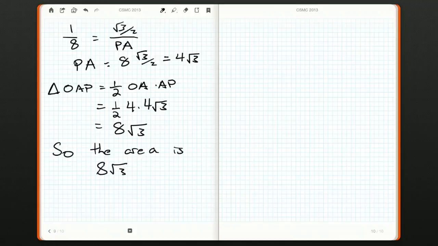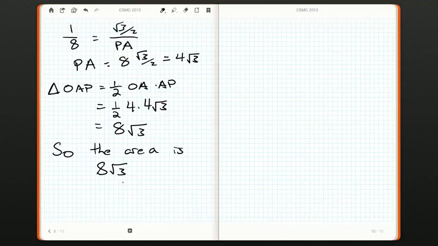So we get 8 root 3. And if we had done this just with the calculator, if we had left things as decimal expansions, we would get something like 13.856, but we would potentially lose marks because we don't have an exact final answer when we could have a final answer.